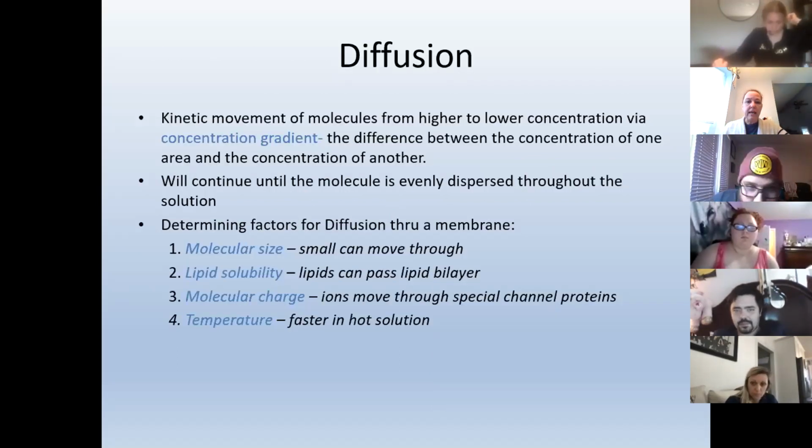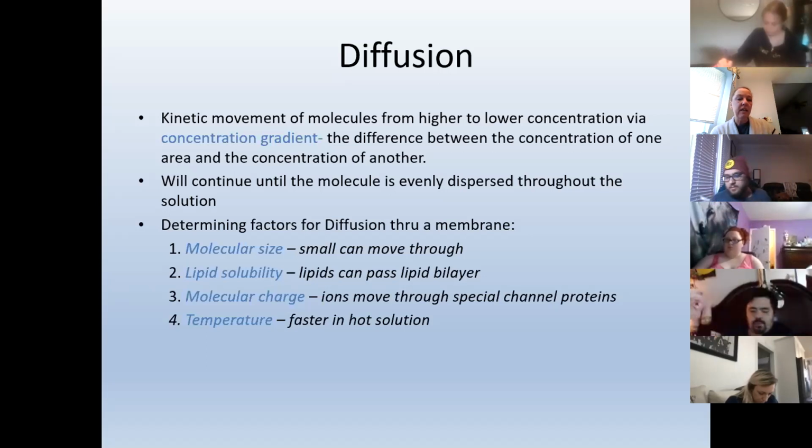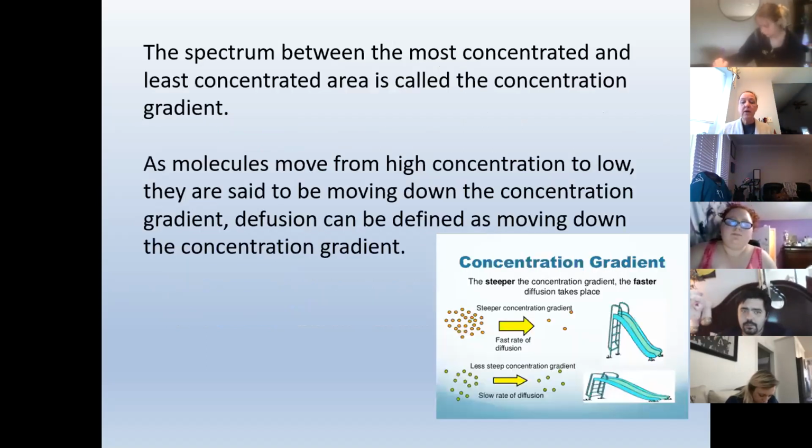Of course I can. So those are our determining factors. How easily and how effectively is this molecule going to move? All right, so when we're talking about the concentration gradient, remember it's just high to low.